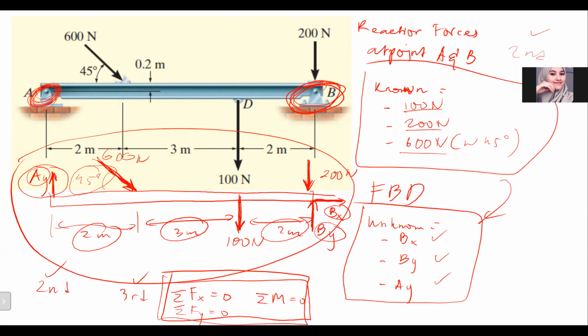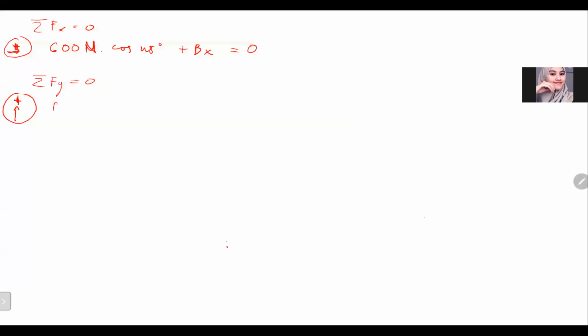Okay. So just now we have By plus Ay because it's going up, so positive. Minus 600 Newton because it's going down, negative. Minus 200 Newton because it's going down, negative. Minus 600 Newton sin 45 degrees because it's going down as well, negative, equal to 0.